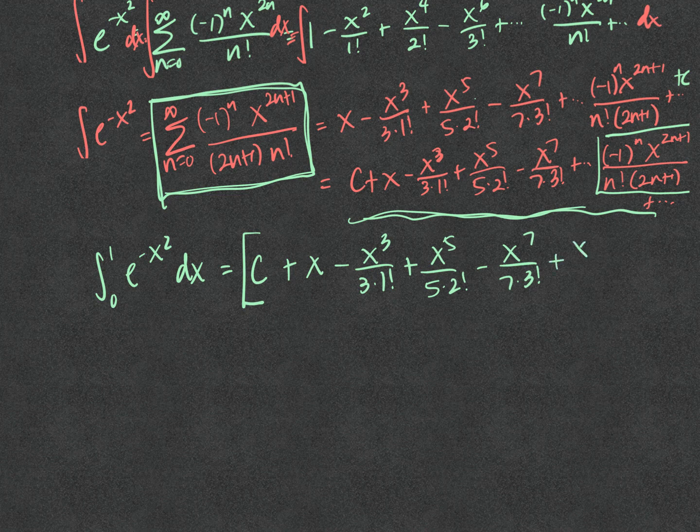Let's put one more for good measure, x to the ninth over 9 times, the next one would be 4 factorial following the pattern, minus dot dot dot, and the bounds go from 0 to 1.